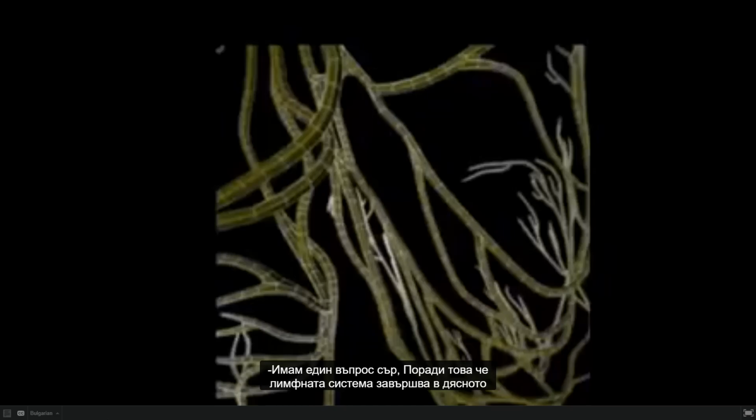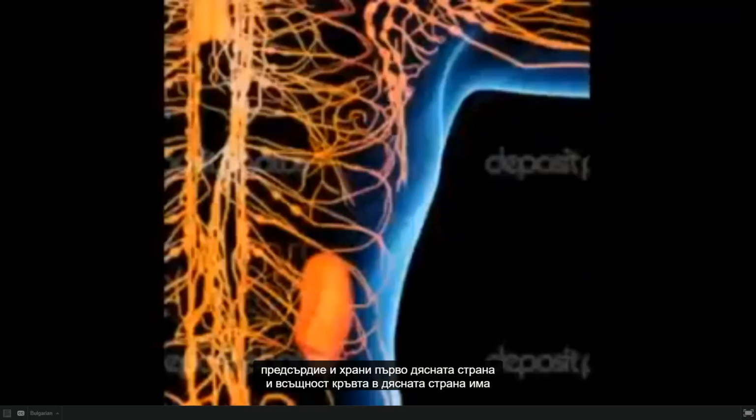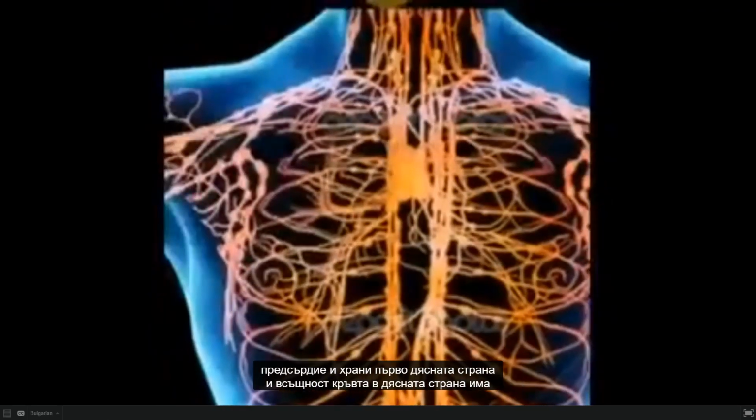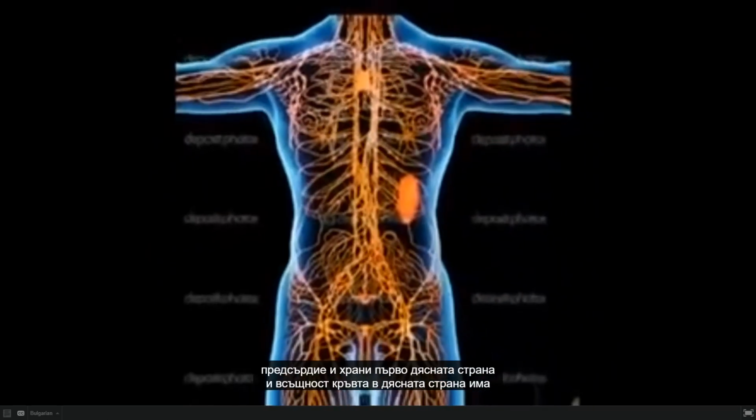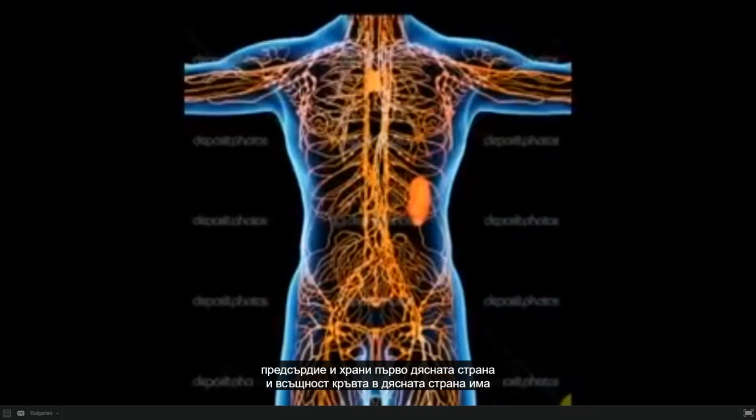It's because the lymph system actually finishes in the right atrium, feeding first the right side and then the lungs before the left side. And the color of the blood is different. The color which comes in the right side is close to blue, and when it goes from the left side it is closer to bright red.